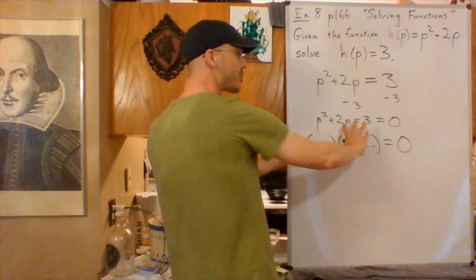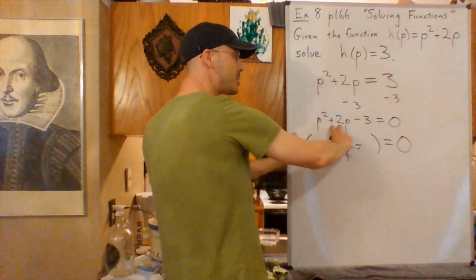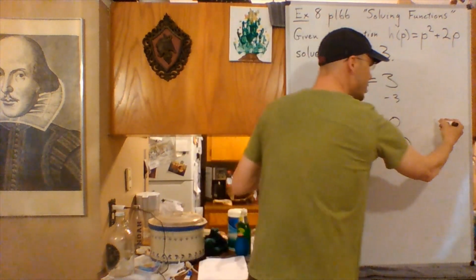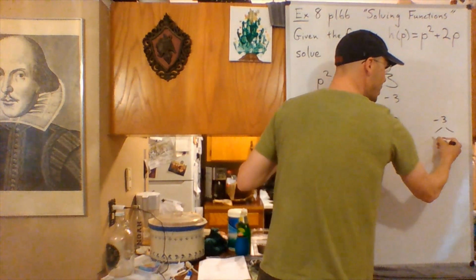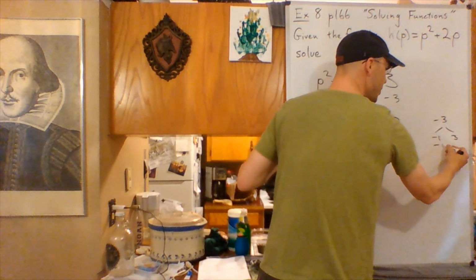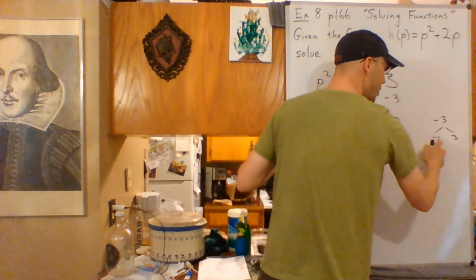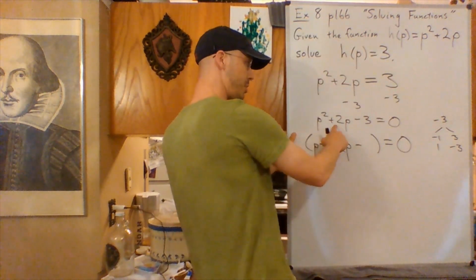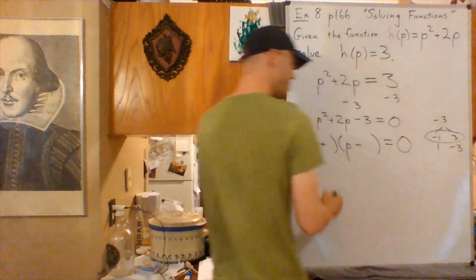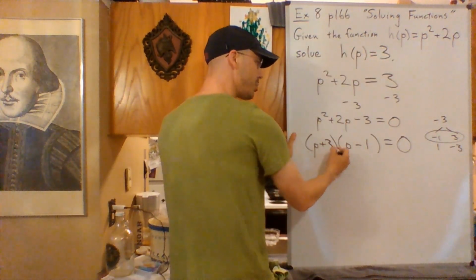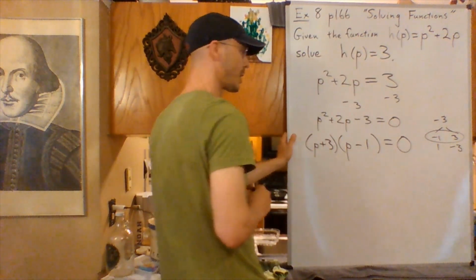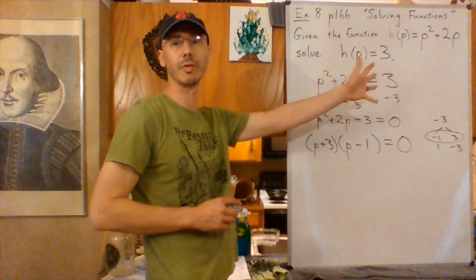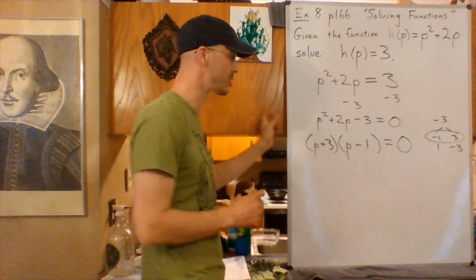The factors of 3 that add up to, oh, well, we could do the negative 3 tree here. Negative 1 and 3, let's say positive 1 and negative 3. The ones that add up to positive 2, that's those. So I want the minus 1 and the plus 3. However, you could even do the full-blown AC method. It's just more than you need here.